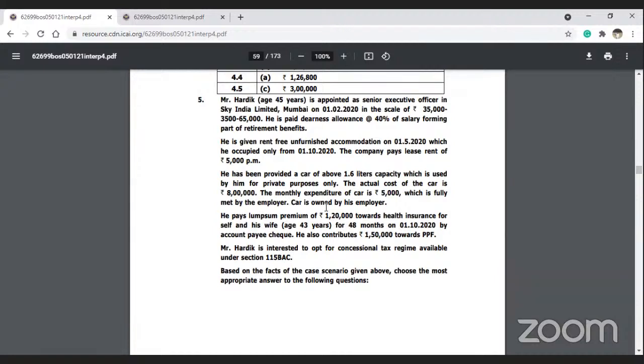And actual expenditure should also be added, no? No, subtracted. Less actual expenses paid by employer, not employee. Actual expenditure of rupees 5,000 is fully made by the employer. Yes, even that will be included.